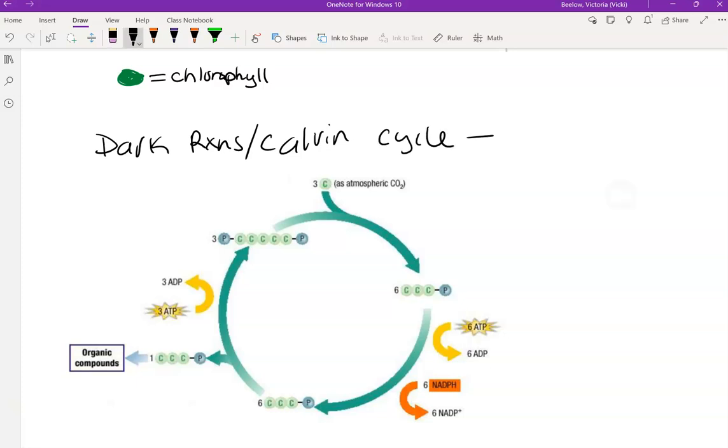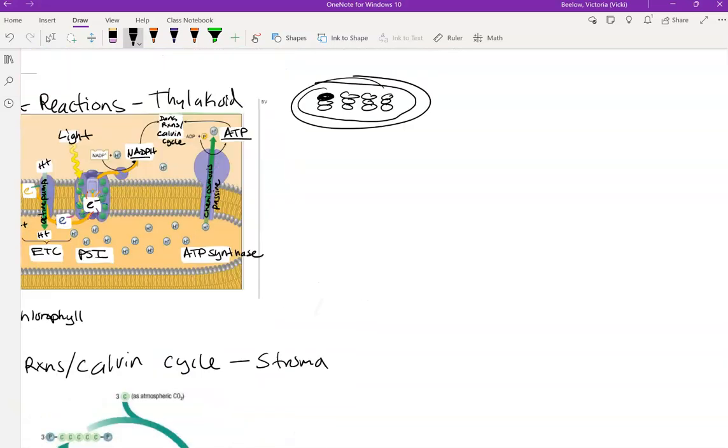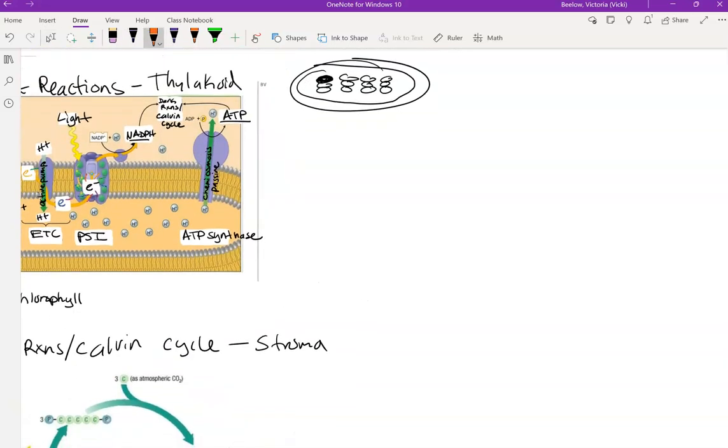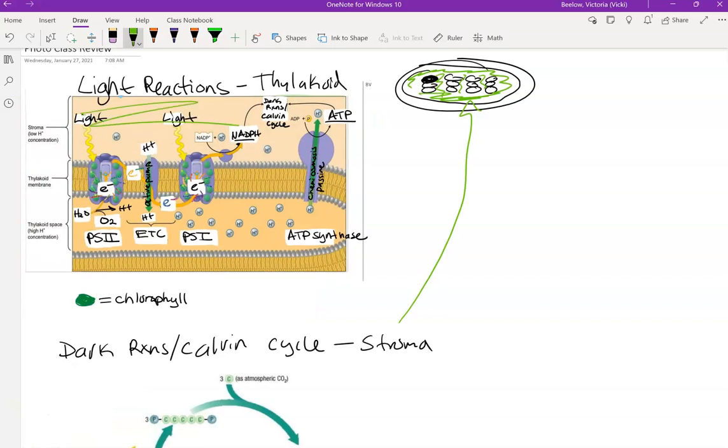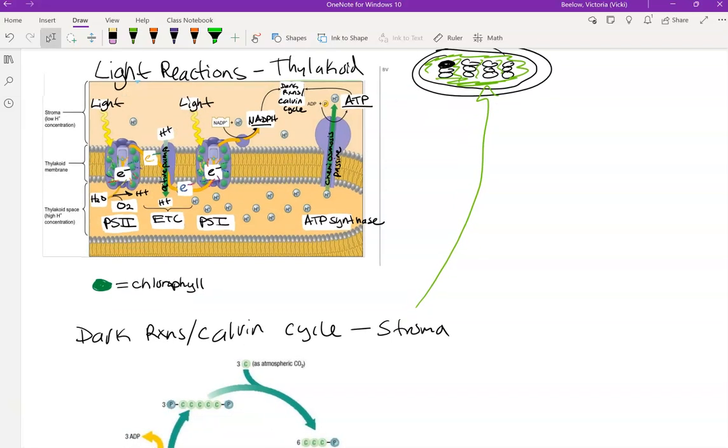And this is happening in the stroma, which is that space that fills the chloroplast. So I'll point to it up here. It makes sense: this space here in this diagram, the stuff that fills the chloroplast outside of the thylakoid.